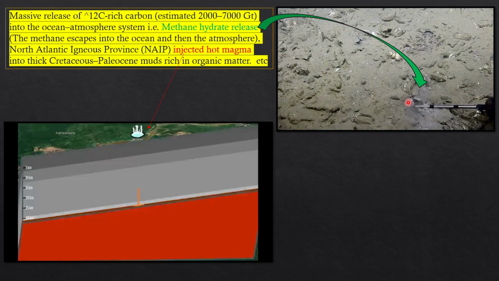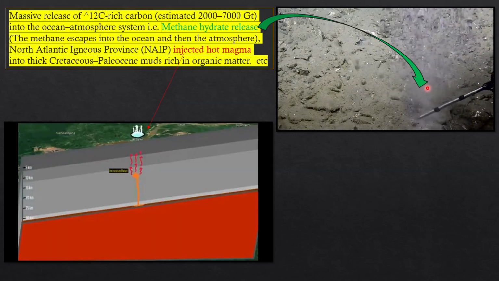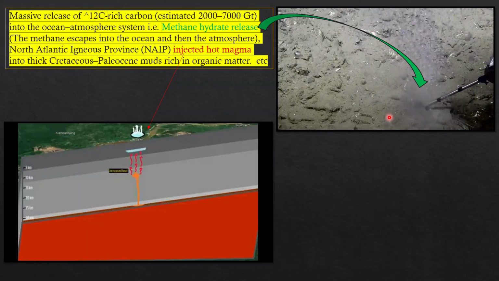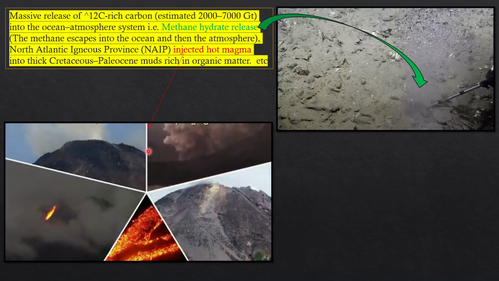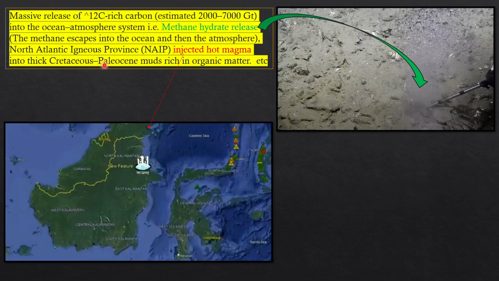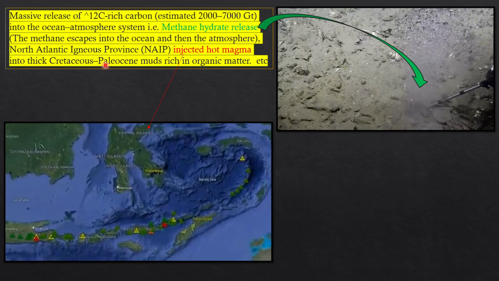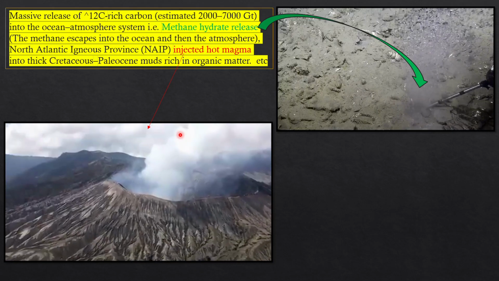One reason is methane hydrate, methane injected from the deep ocean in very high amounts. The other is that some people say the North Atlantic Igneous Province suddenly erupted at the Cretaceous-Paleocene, in which magma came from the ocean, anoxia-rich, and was deposited in the deep ocean.